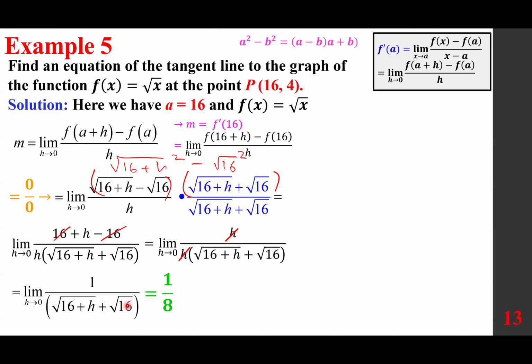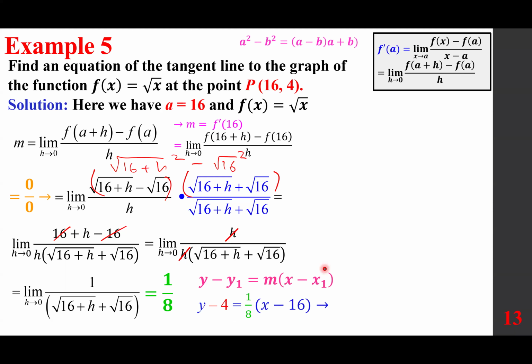So I have 1 point with coordinates 16 and 4, and I have the slope, and I'm going to use the point slope. y minus y1 equals m times x minus x1. Therefore, y minus 4 equals m, which is 1 over 8, times x minus 16.